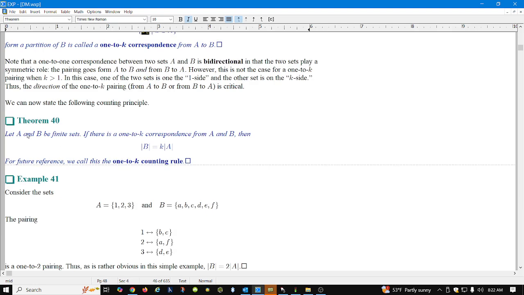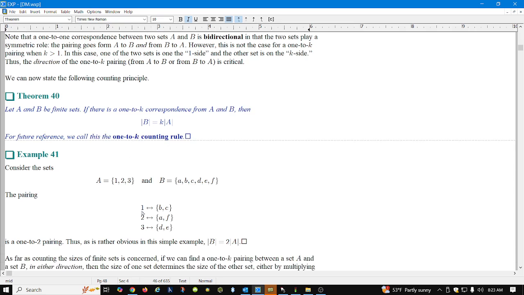Now here's the main point of this, the counting rule. If A and B are finite sets, and there's a 1-to-K correspondence from A to B, then the size of B is K times the size of A. If K is 1, we have a 1-to-1 correspondence. The two sets have the same size. And I'm going to refer to this as the 1-to-K counting rule.